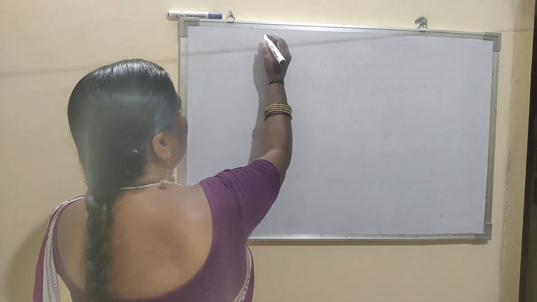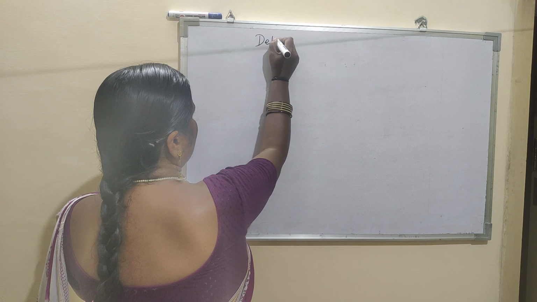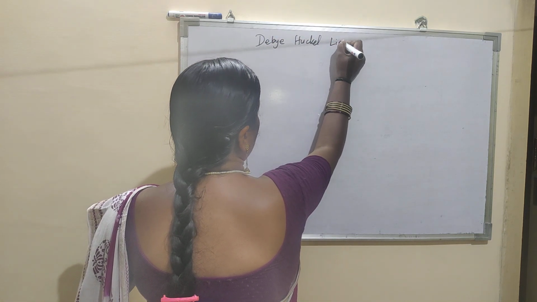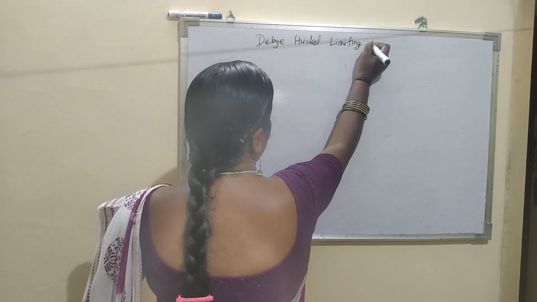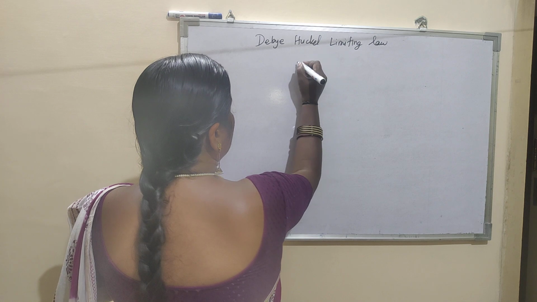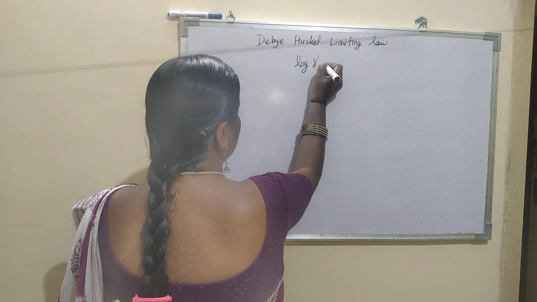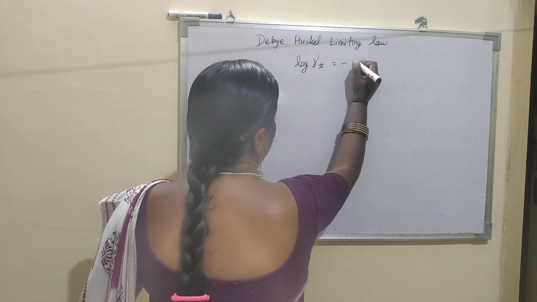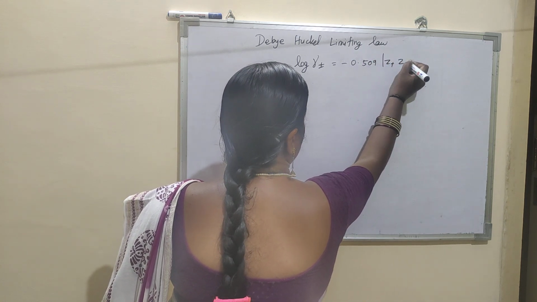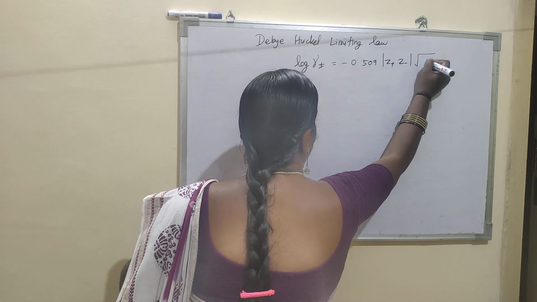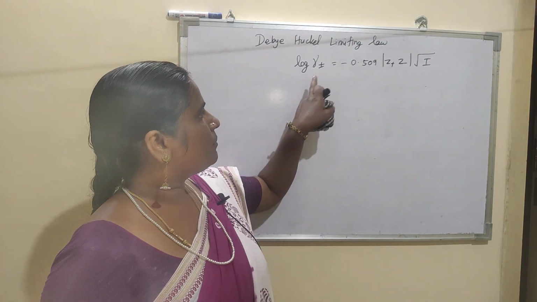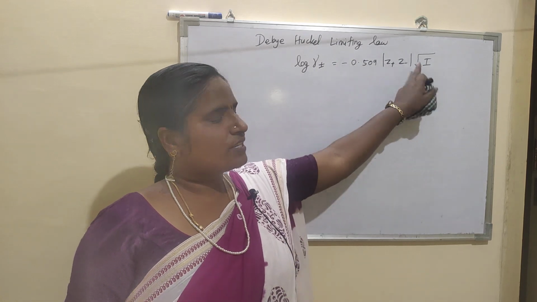So that is called the Debye-Huckel limiting law, where log of gamma plus or minus is equal to minus 0.509 into modulus of z plus into z minus, root of I. So this equation connects the mean activity coefficient and the ionic strength.